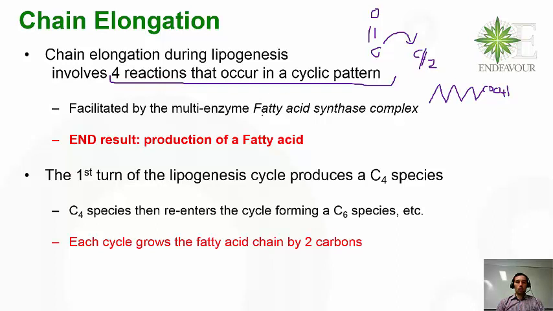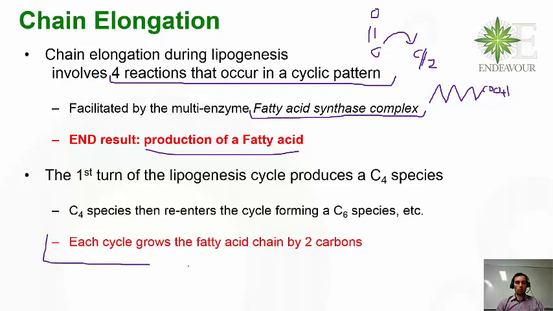So to do this, we use an enzyme called fatty acid synthase, and the end result of this process is the production of a fatty acid. So we have to do lots of cycles of the chain elongation. So every time we do one cycle of this lipogenesis, we're actually adding two carbons.